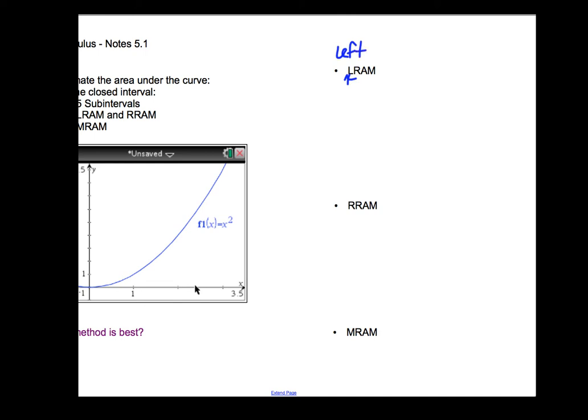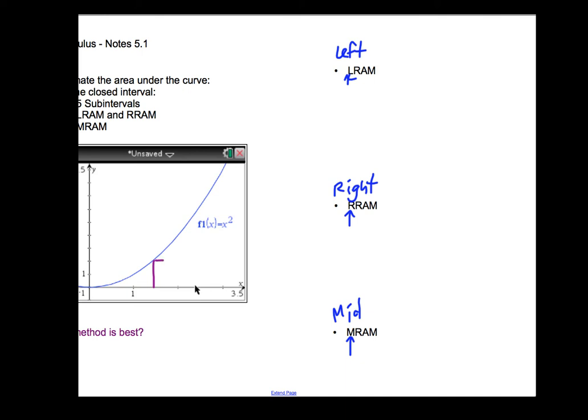Okay, left rectangular. This would be right rectangular, R for right. And MRAM is going to be the midpoint, or middle.